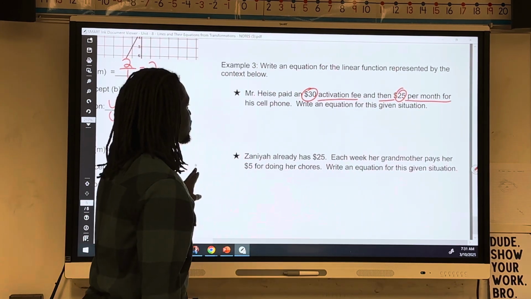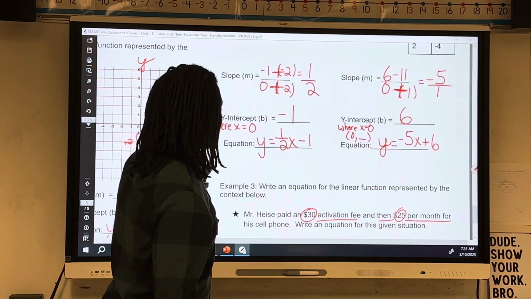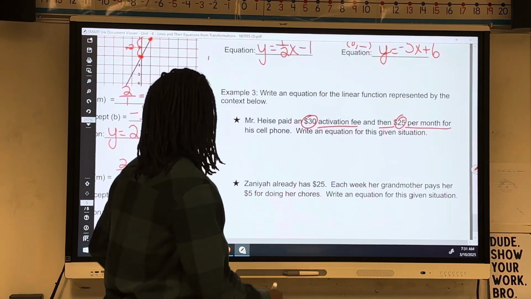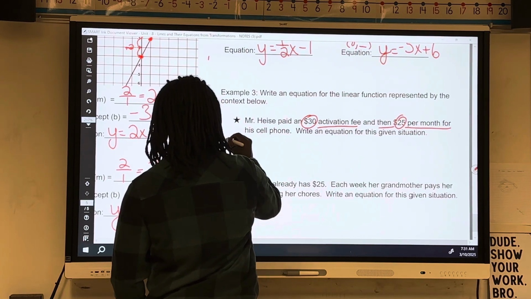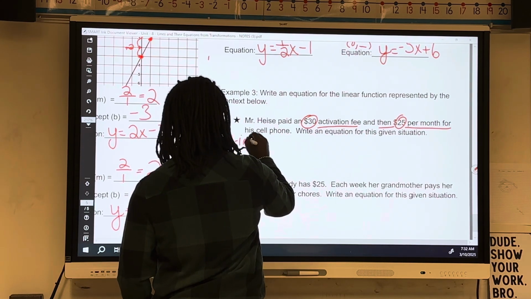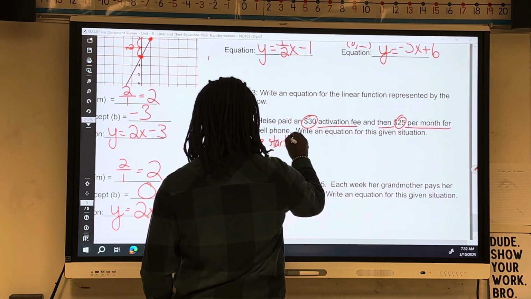And so we need to sort of understand that really the y-intercept here is kind of like our starting point, okay? It's kind of like, where are we starting?